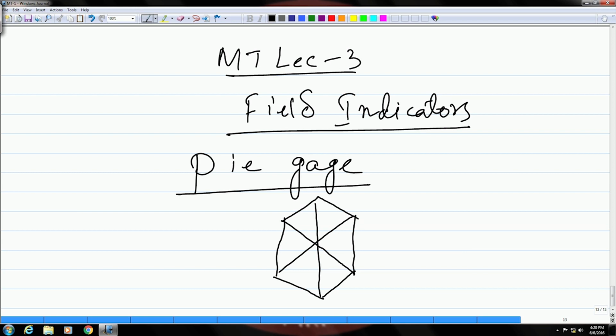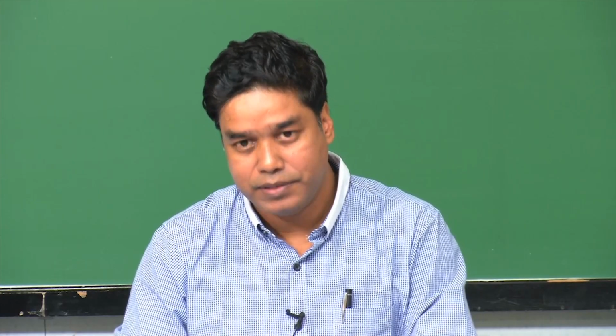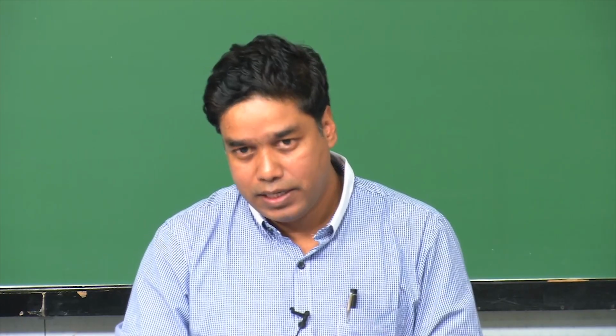It is as big as a 1 rupee coin. Along these diagonals, very small slots are cut, and these slots are filled with some non-magnetic material. These slots act as artificial flaws.